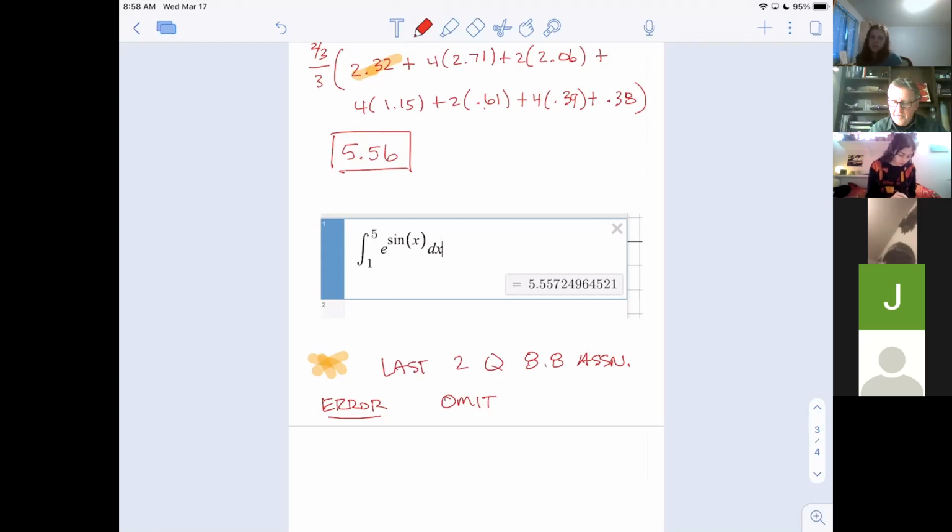I'll leave them in there for extra credit if you want to figure out the rule as to how the error works. It's a kind of a hard read, and it talks about taking the 4th derivative of this expression and figuring out what the maximum value for that is and so forth. It's kind of neat.